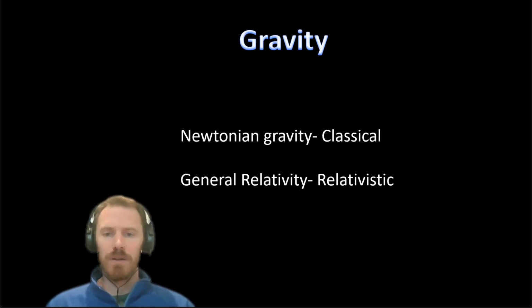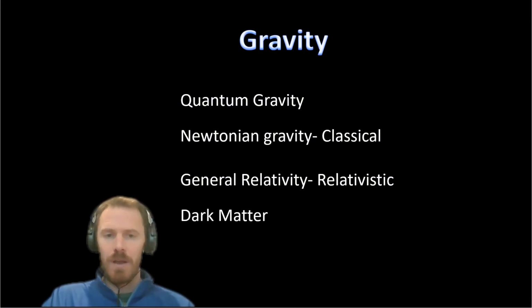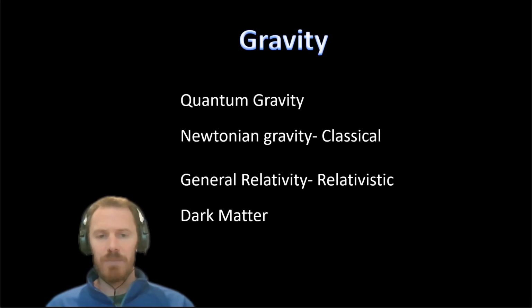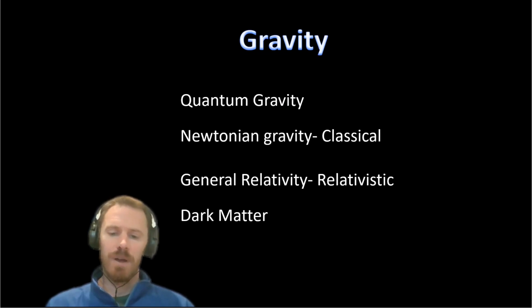Then along came general relativity, and this was a better theory for gravity, which also includes relativistic effects. But it doesn't include quantum gravity, which is a major problem in today's physics. It also doesn't account for dark matter, which accounts for 85% of the gravity in our universe. So despite having an excellent theory for gravity, we still have some holes.